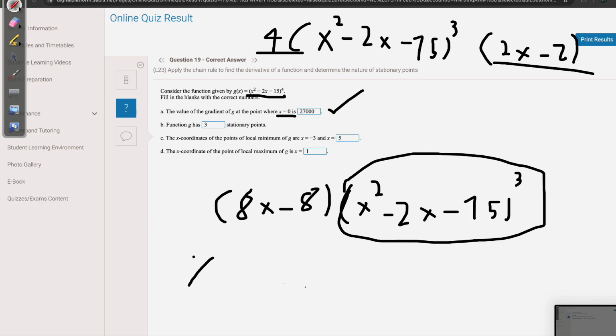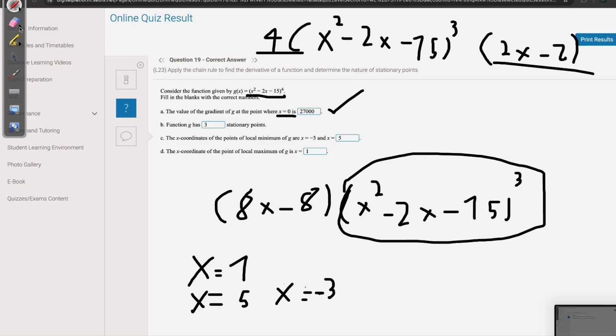So x is equal to 1, or x squared minus 2x minus 15 equals 0, which gives us x equal to 5 or x equal to negative 3.